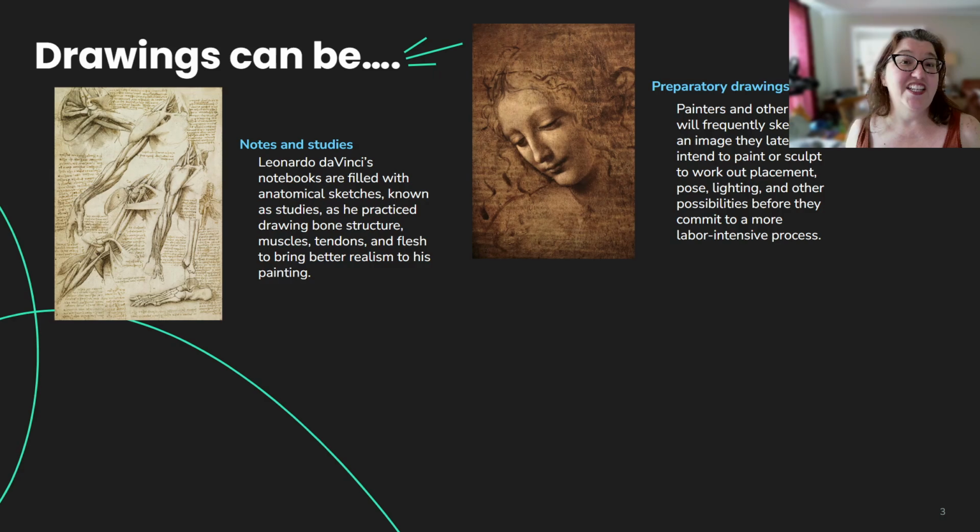So if you're painting a large picture, you want to sketch out the placement of the different figures, how large versus how small, how much space certain things are going to take up, how much you want to emphasize the background or where the lighting is coming from.